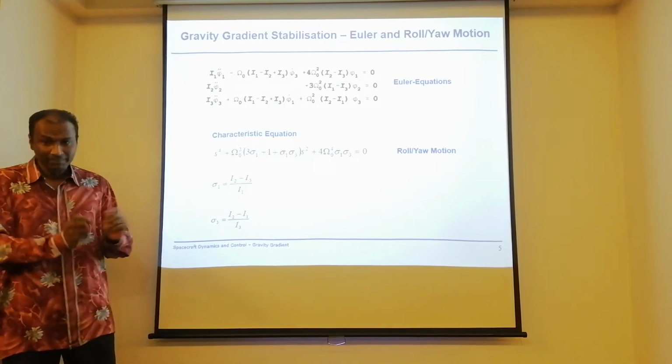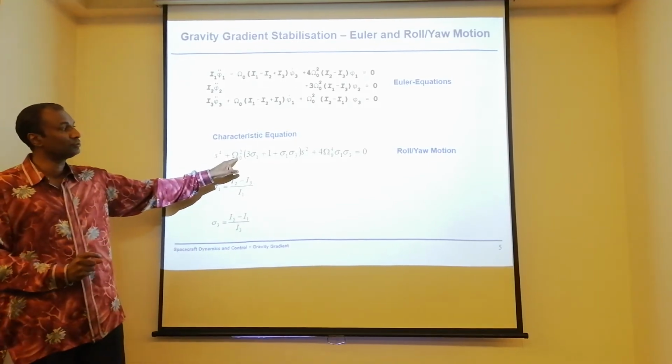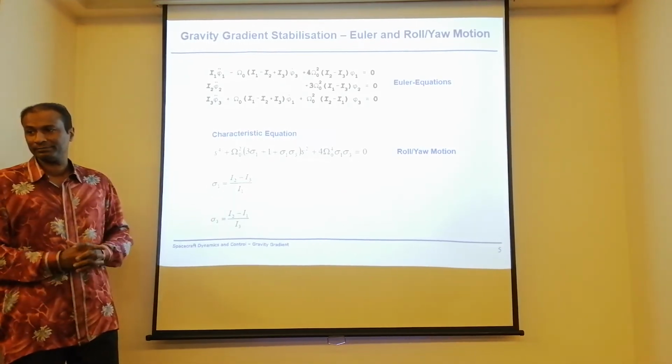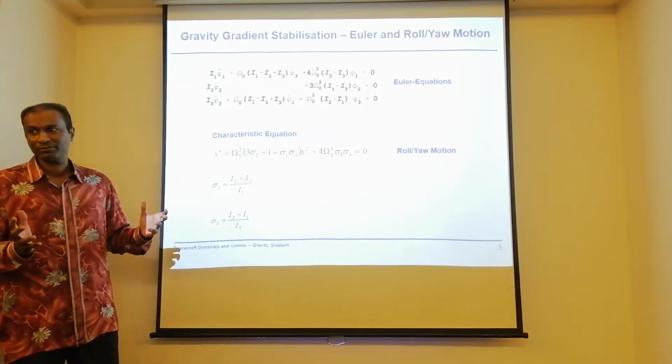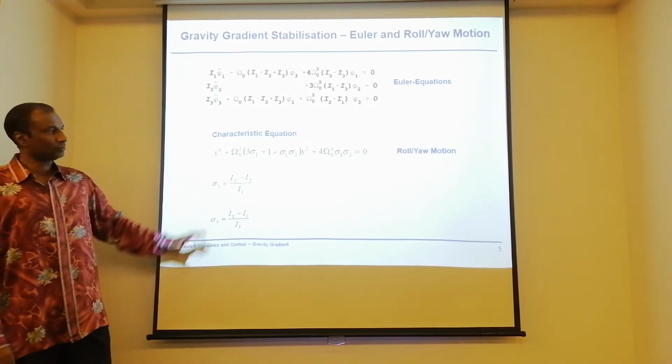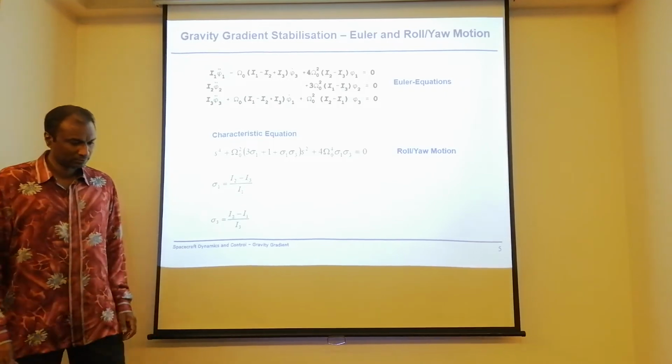So that is the reason we have to be very careful. If you want to stabilize, this is the equation that you want to use, and you can play around with the inertia in order to get a very stable motion. There is already a standard plot.